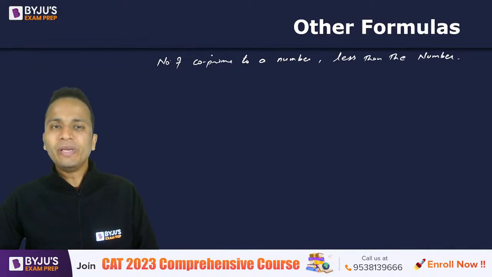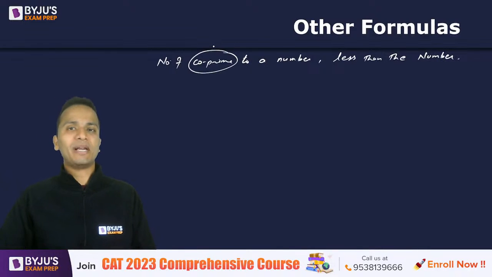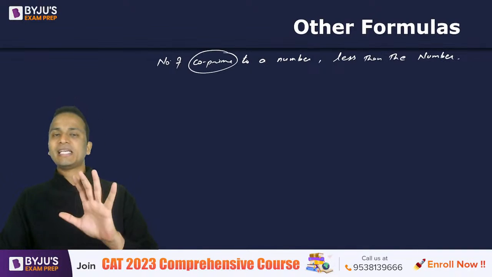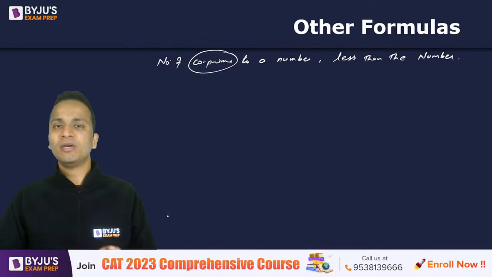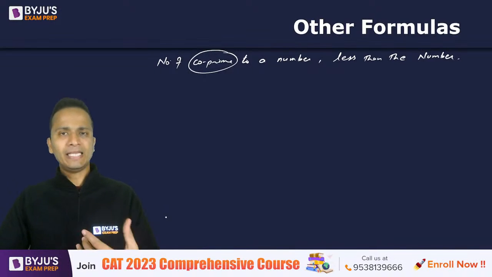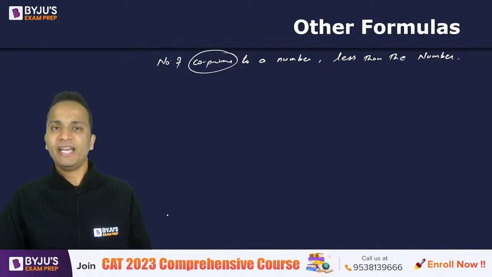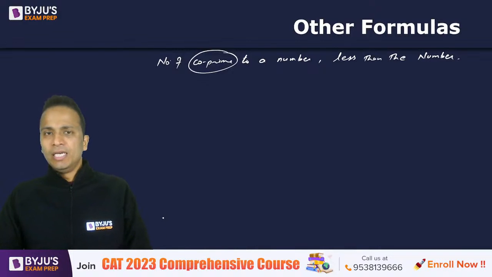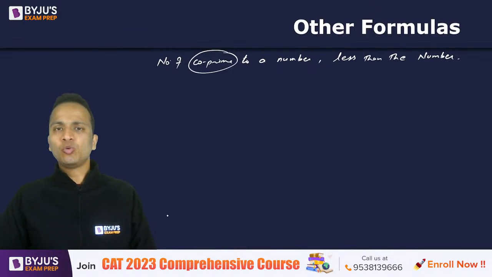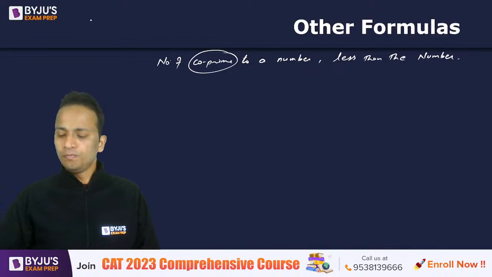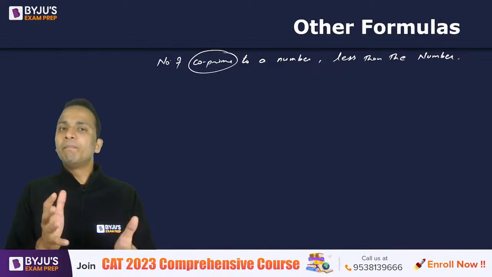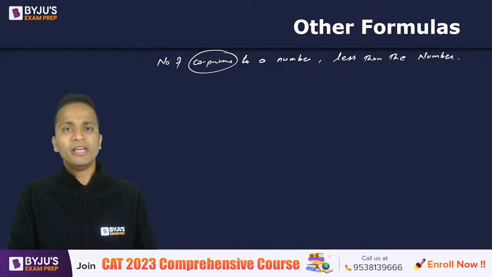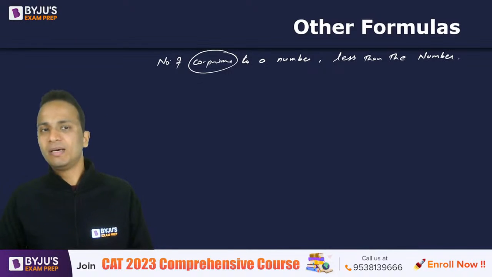Now, what do you mean by this term coprime? Let us understand first of all this term coprime, and then I will tell you what actually we are finding out. The coprime term is used whenever we are comparing more than one number.